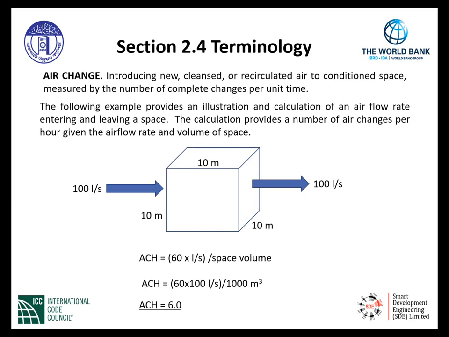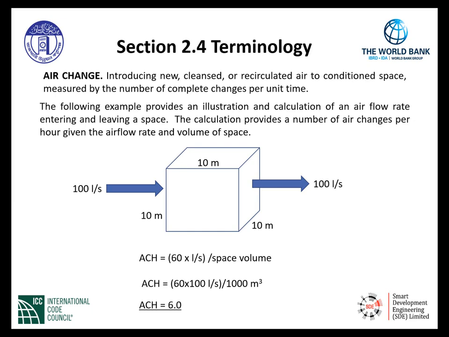The air change per hour expression, or the equation below, is as follows. The unit time we will use here is 1 hour. Air changes per hour equals the quantity 60 times the airflow rate in liters per second divided by the space volume.